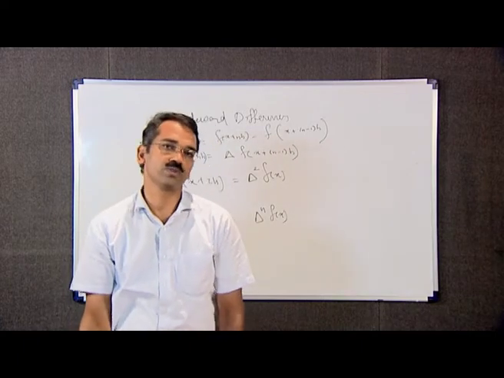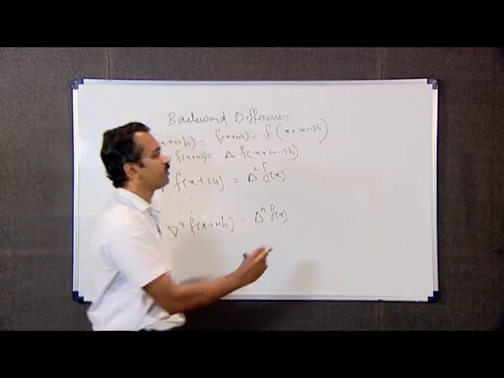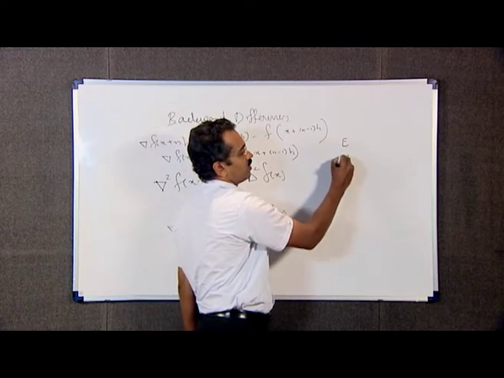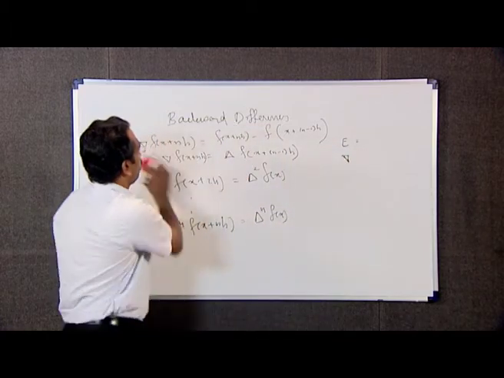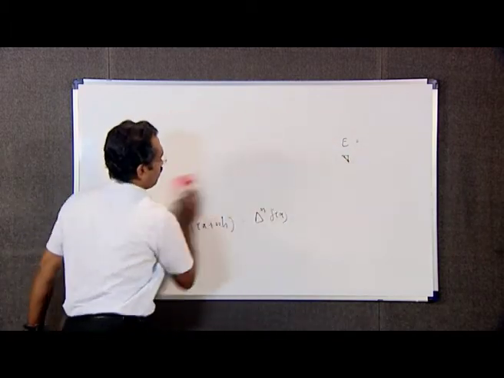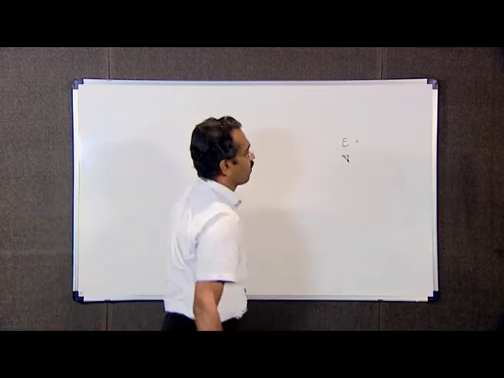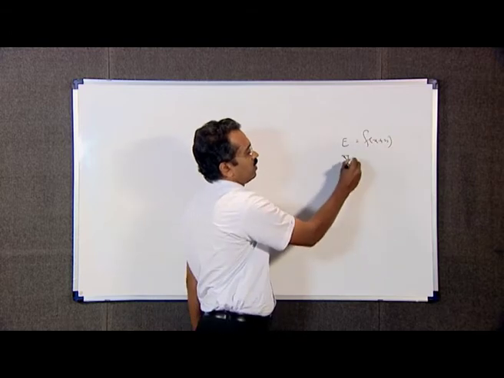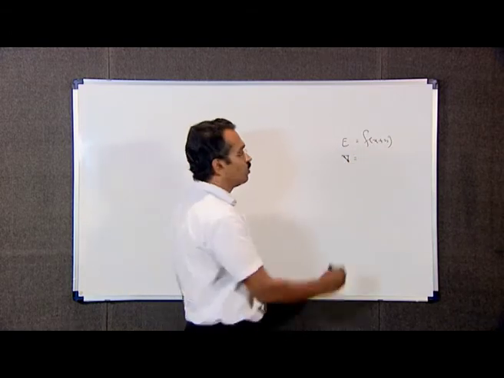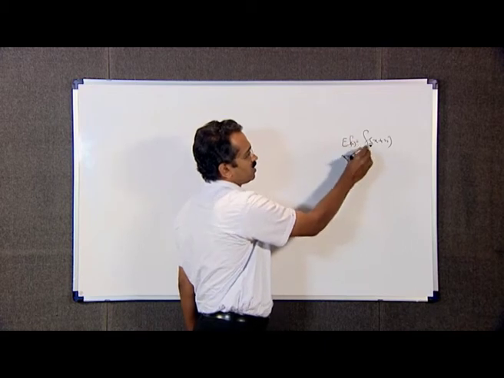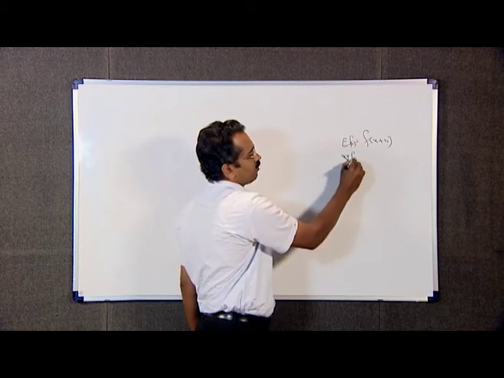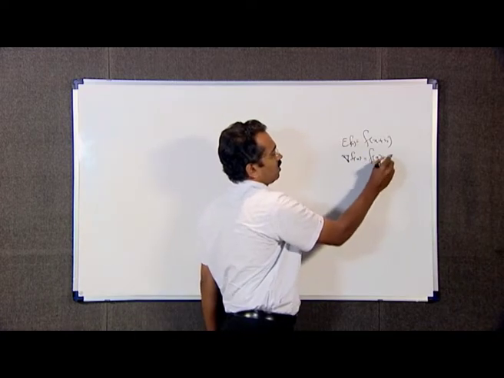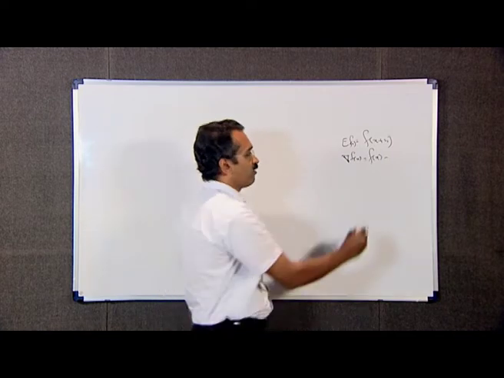Now, we have to prove some relation connecting the shift operator E and del. By definition, we have E f of x is equal to f of x plus h. Del f of x is equal to f of x minus f of x minus h.